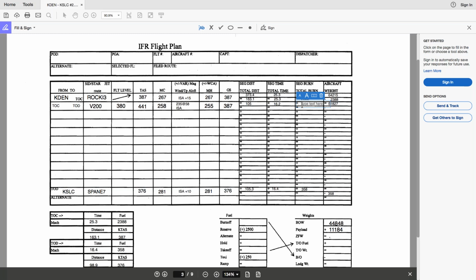Everybody get the same amount? What did you get? Mine was off by 300 pounds.